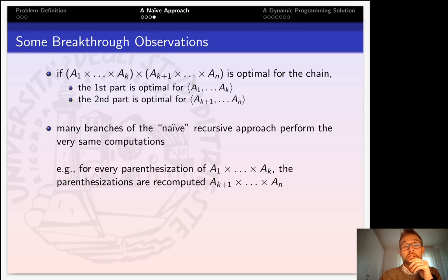For every possible parenthesization of A1 to Ak, you have to recompute all the parenthesizations of Ak plus 1 to An, but of course they are always the same. So once you have computed the parenthesizations for the first part, you can store all the interesting results and avoid recomputing them every time you need a new parenthesization for the second part. And this is it.